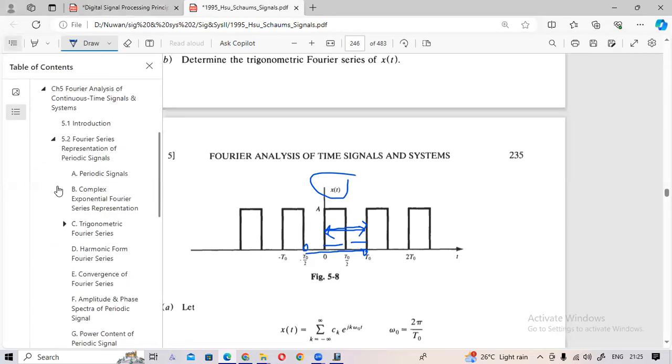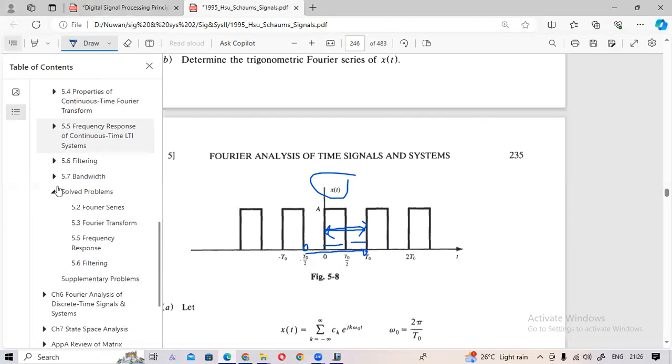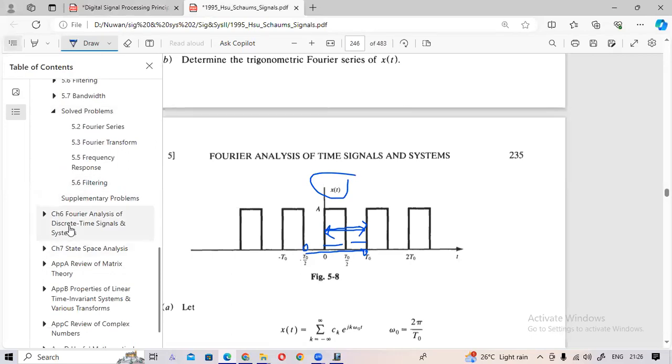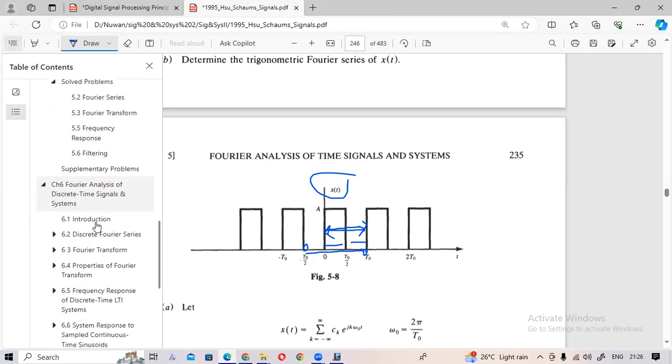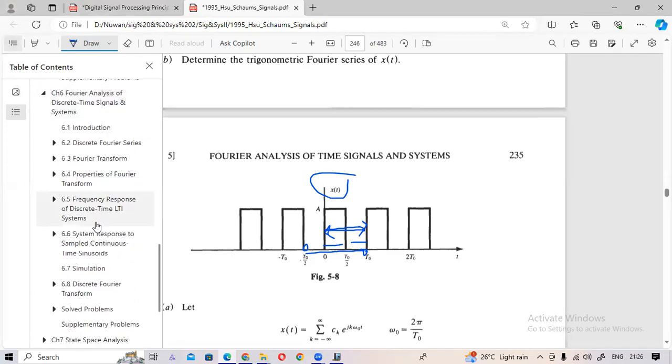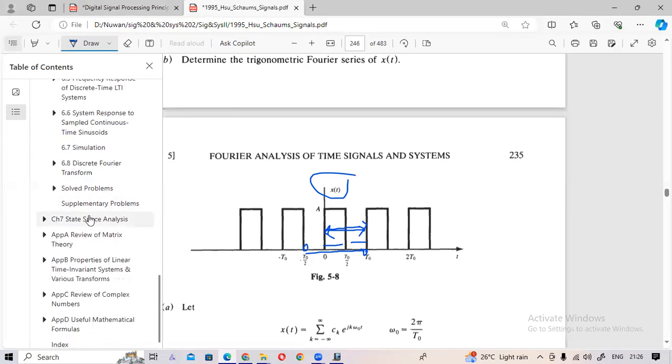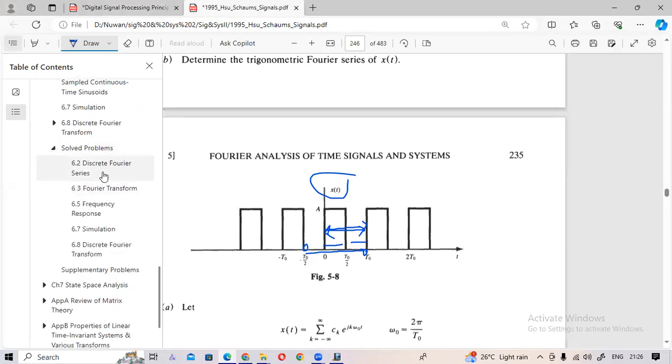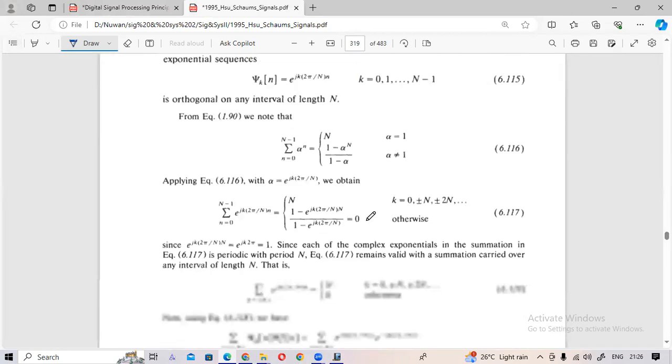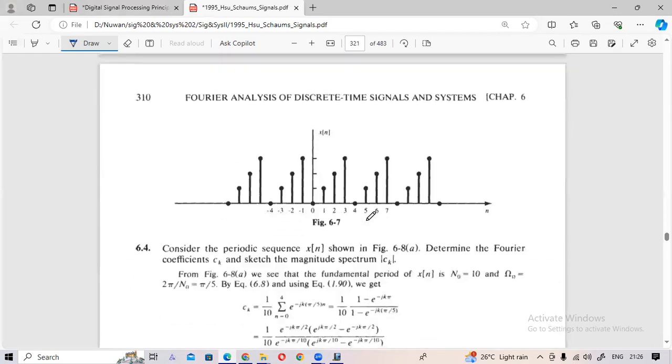Here you can see that chapter 6 is related with the Fourier analysis of discrete time signals, and in the solved problems, Fourier series. So we will do this question. Here we are given a sequence. Try to do this by yourself for a moment.